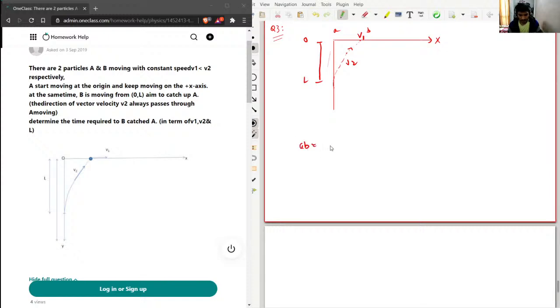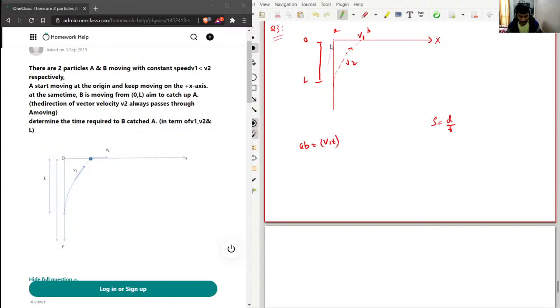So for AB we are going to use the formula speed equals distance over time, or distance is speed or velocity into time. In this case we have velocity, so AB is going to be v1 into t.